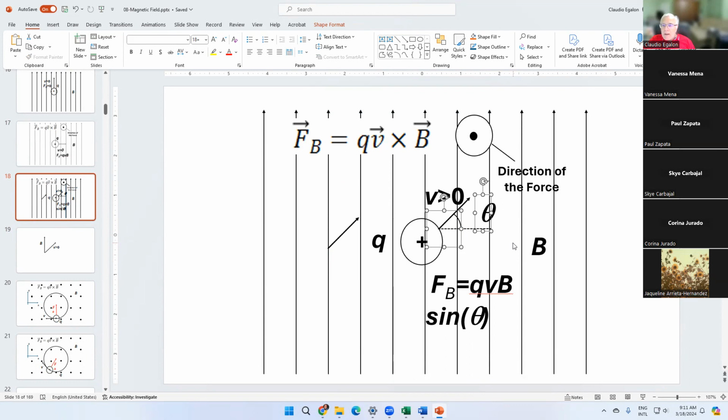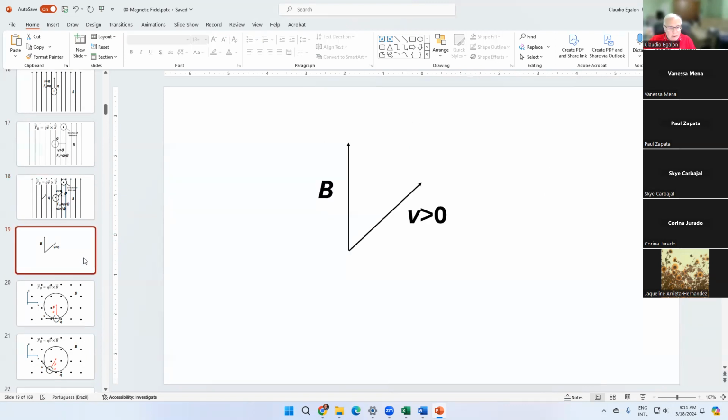This angle theta is not correct. I didn't put the angle theta in the proper way, but now I'm going to correct that. The angle theta is going to be this one right here.